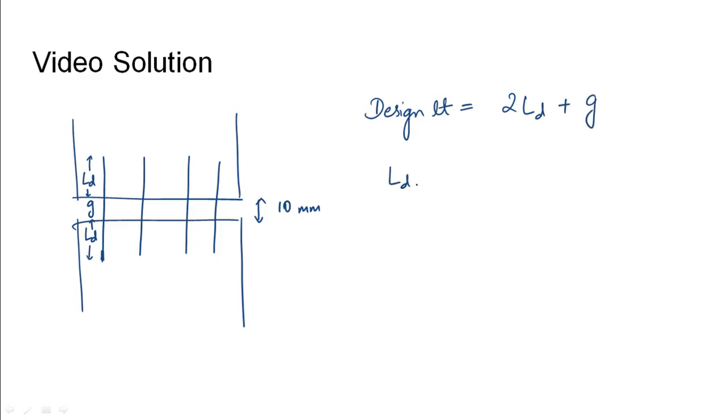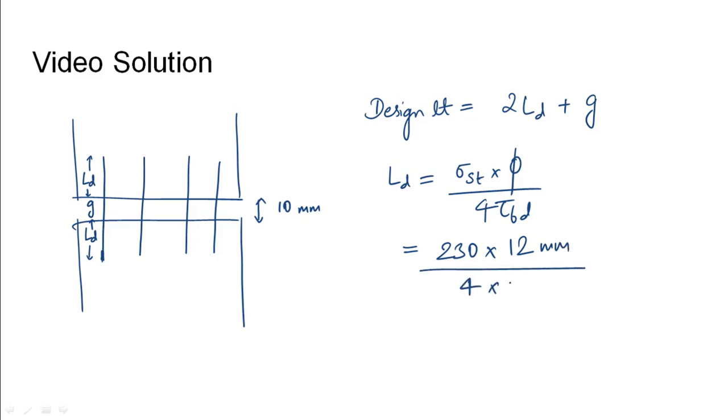So in this case, as we saw, LD will be strength of steel into the diameter by 4 times the bond strength. The strength of steel is given as 230, diameter is 12 mm, by 4 times the bond strength, which is given as 2 megapascal.